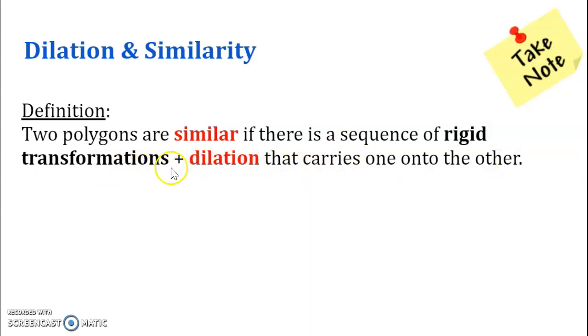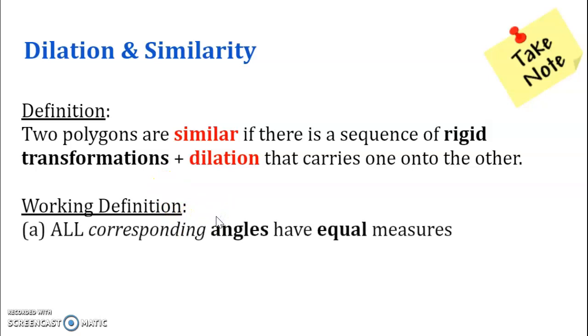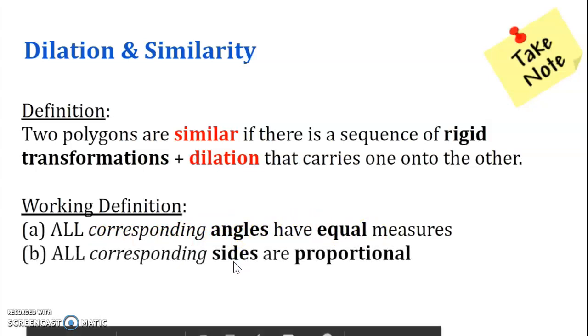If it's just rigid transformations, they are congruent, but when you combine rigid transformations plus dilation, then the two shapes are similar. So the working definition of similarity is all corresponding angles have equal measures and all corresponding sides are proportional.